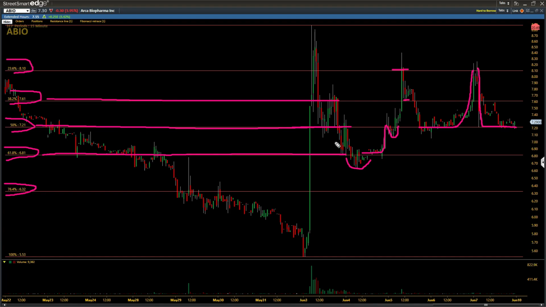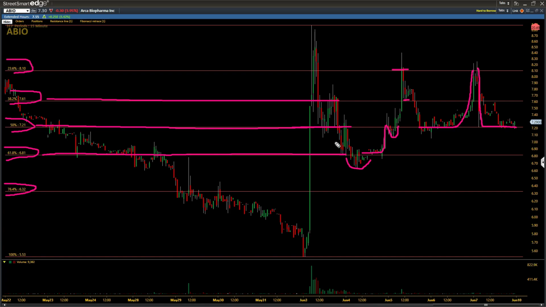And again, the psychology behind it, the whole world knows about Fibonacci, and the whole world knowing about something, it's going to have a following. Fibonacci most definitely has a following in the trading world. So why not use what majority of people are using to have an advantage on your side?